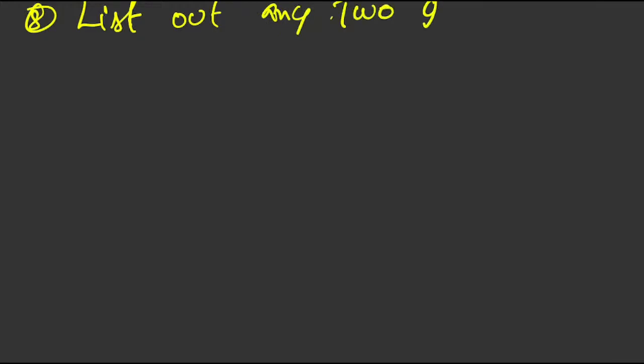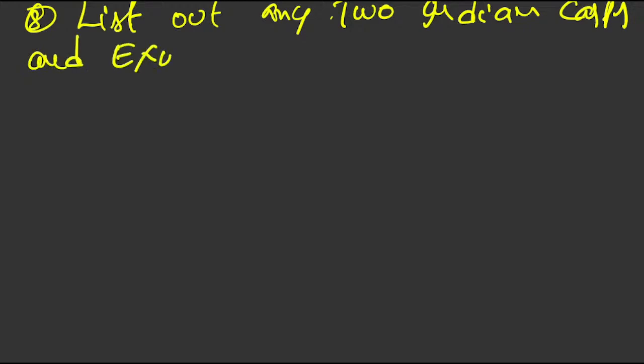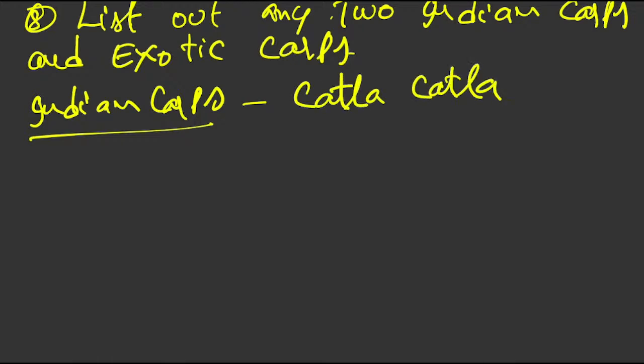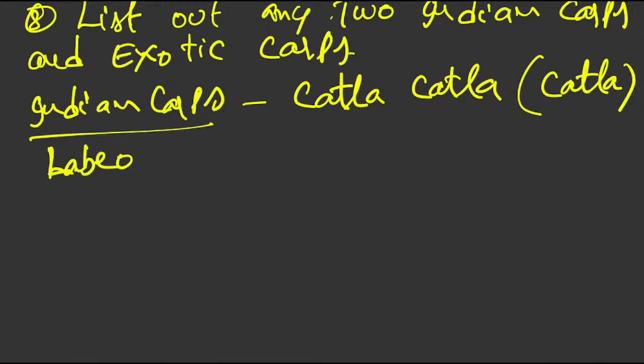Indian carps: one is Katla, commonly called Katla. Labeo rohita, commonly called Rohu.